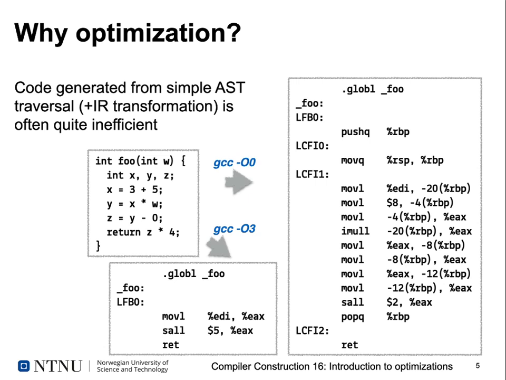Essentially, this line reads y equals 8 times w. Since we just assign y - 0 to z, we can say z equals 8 times w. And then z, which is 8 times w times 4, is 32 times w.